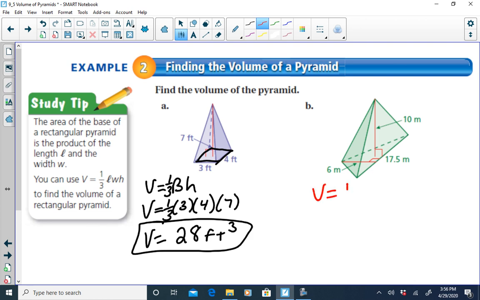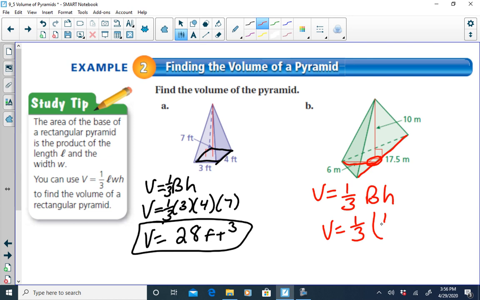Volume is still going to be 1/3 base area times the height. So volume is going to be 1/3, but what's that base area? Well, the base area is a triangle, and for the triangle, we have to find the base and the height of that triangle. So we look for that right angle symbol. To find the base area, got to be careful.